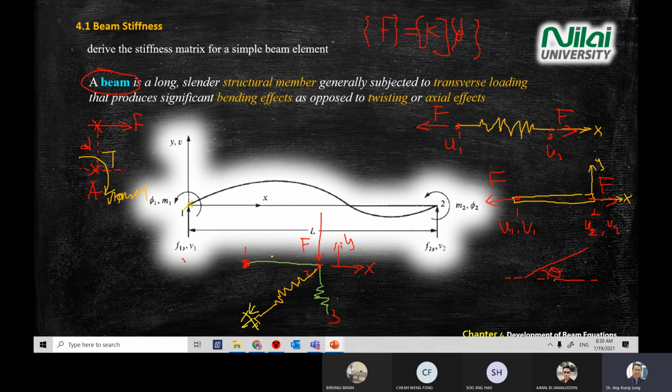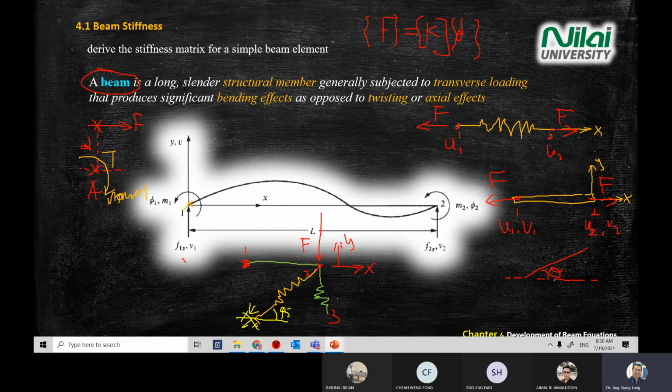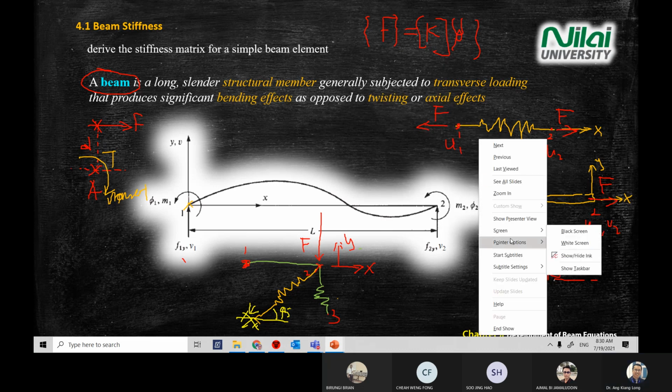So spring element 3 here is slanted by 45 degrees. Even though F is acting in this way, the spring only takes action that is axial to its body.